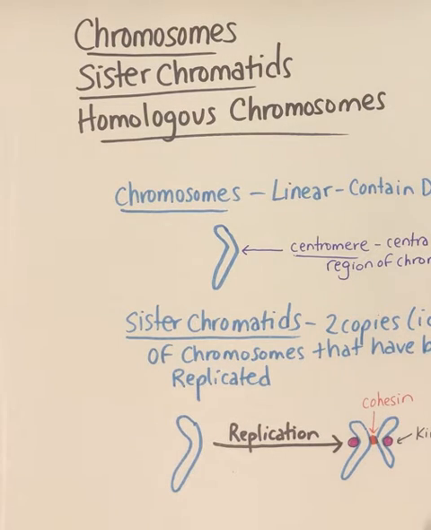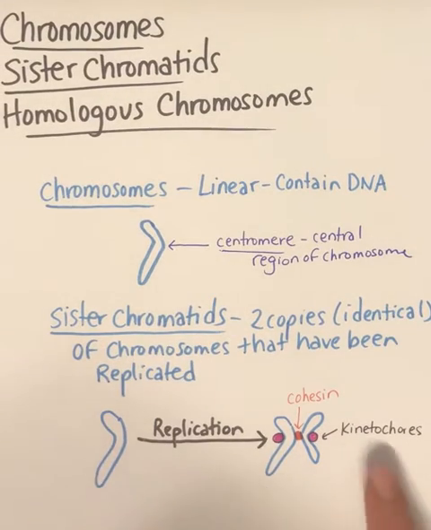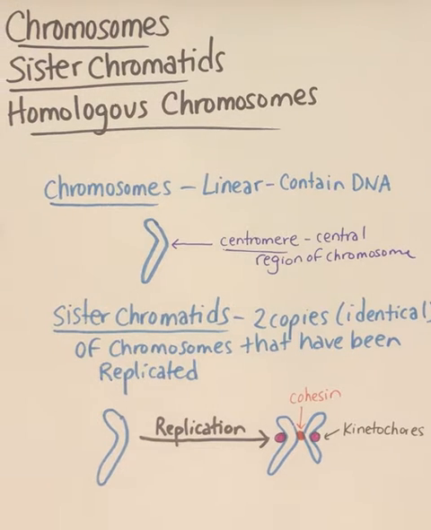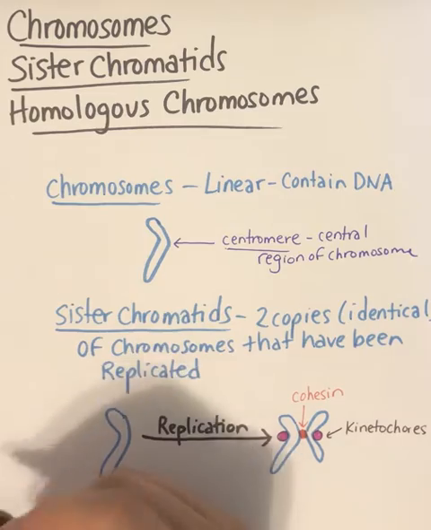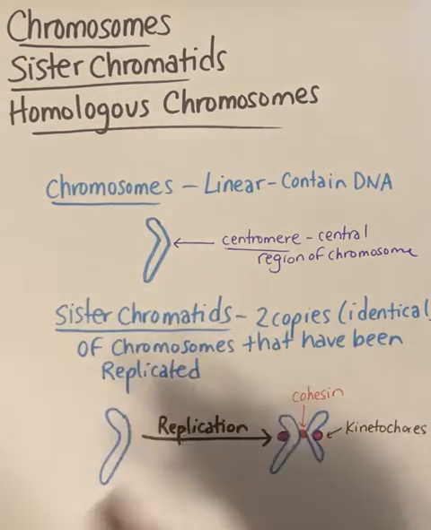So, a sister chromatid is literally a copy. Now, the new term is called homologous chromosomes. When we talk about homologs, homo means the same.